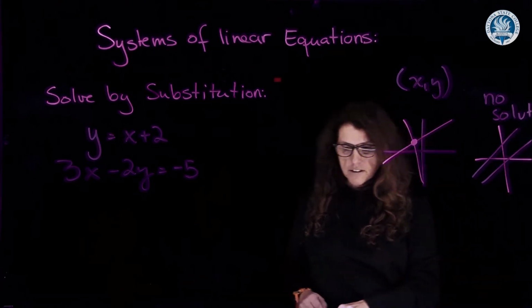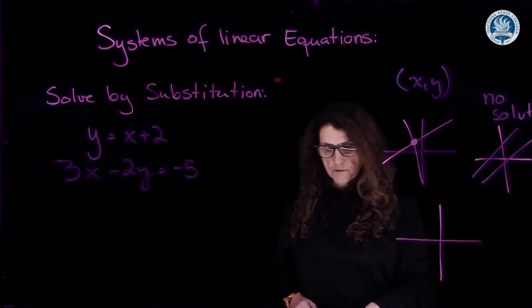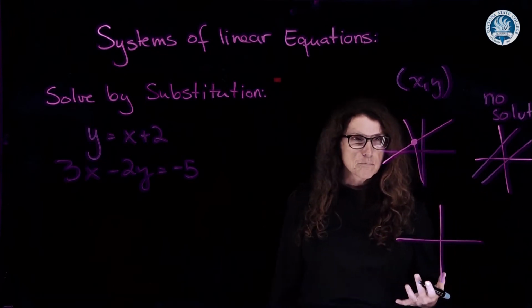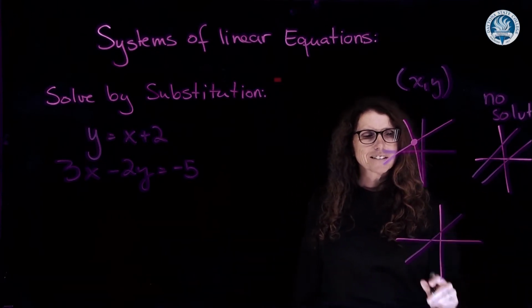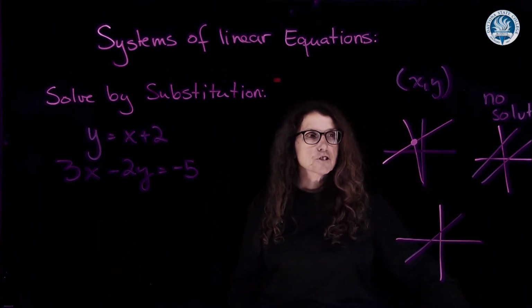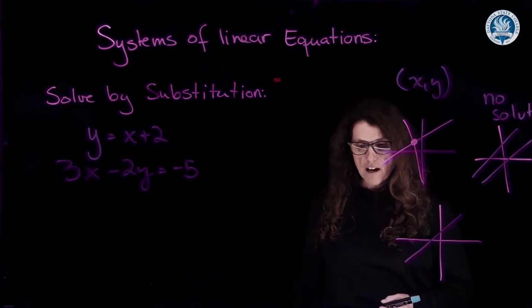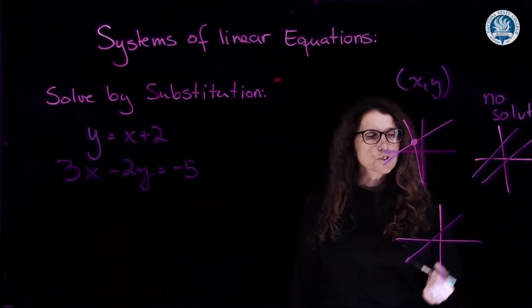A third case you could come across is if you have two equations that look different, but when you graph them, you will see they are exactly identical. They just look different. Those are equivalent equations, but the graph is the same. When that happens, the lines coincide.